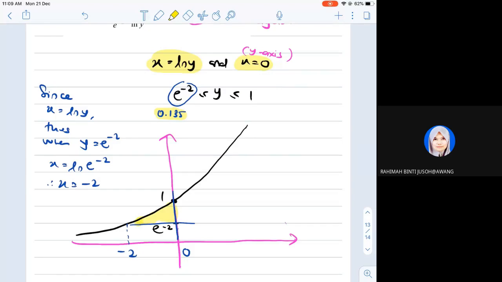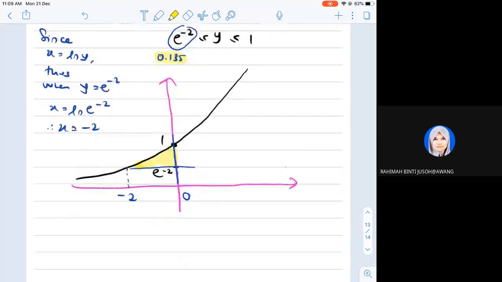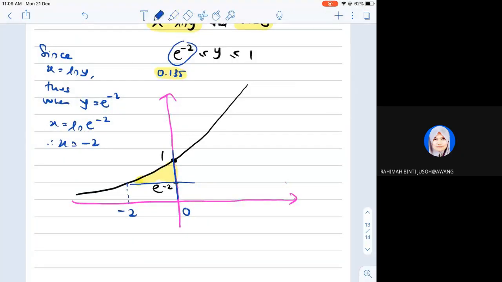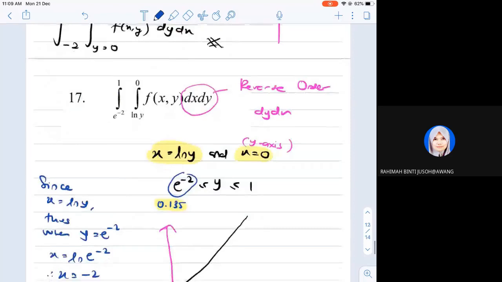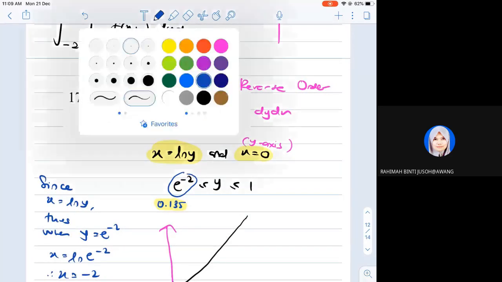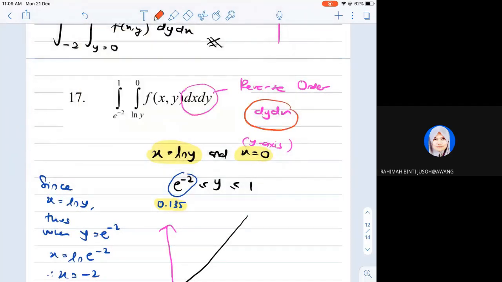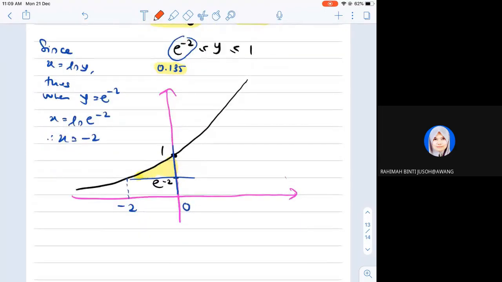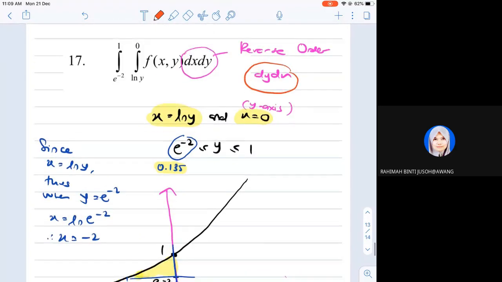Understand this, guys? Yes. Okay. So now let us reverse the order. Right now, we want to find dy dx. So the movement is from right to left or bottom to top?